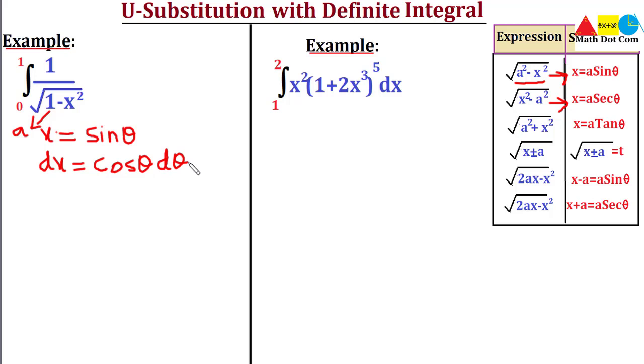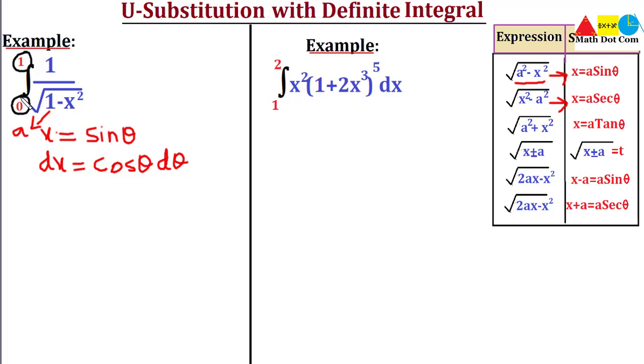The limits given here are the values of x, but once we convert this integral in terms of theta, your limits will also change from 0 and 1 to angles. So you must have angles here. It means this 0 and this 1 have to be changed according to theta. So let's see how we can change these limits.